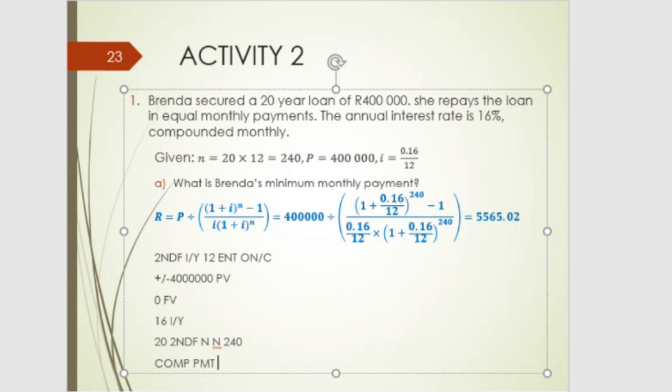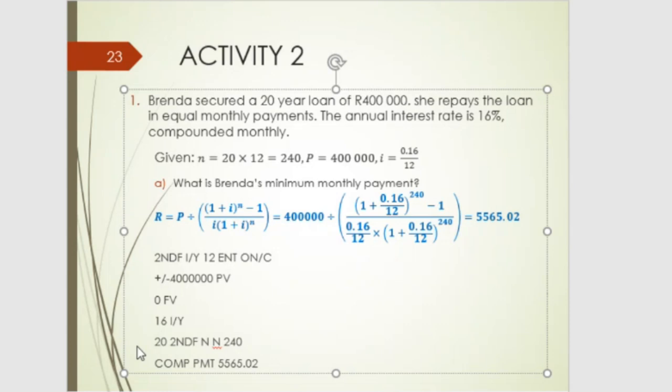All right. Is there anyone with the financial calculator who can help if you get that? Okay, let me quickly see. Yes, you got the same answer, 5565.02. All right, I'm taking it. You can confirm as well. Oh, all right.